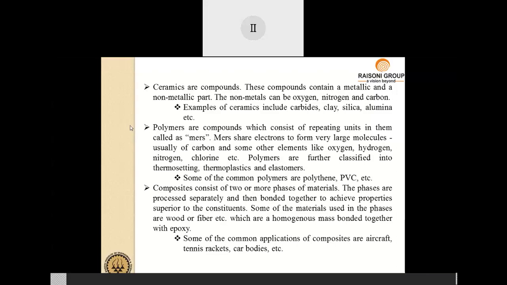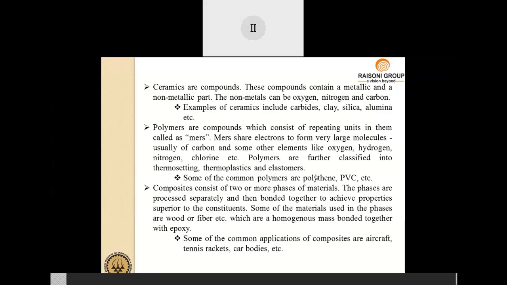Polymers. So remember that: poly, then mers. Poly means number, more. Mers are the small repeating units. So mers share electrons to form very large molecules, usually of carbon and some other elements like oxygen, hydrogen, nitrogen, chlorine, etc. Polymers are further classified into thermosetting, thermoplastics, and elastomers.